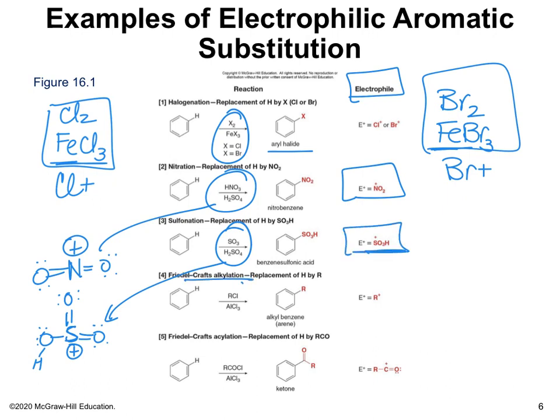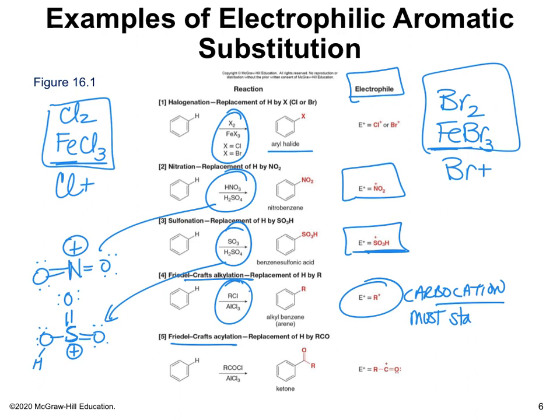These are Friedel-Crafts acylation and Friedel-Crafts alkylation. Alkylation and acylation, you'll see that's an R plus. That's a carbocation. I need to see the carbocation. When you get the carbocation, you have to have the most stable carbocation. Anytime you get a carbocation, you've got to look for the rearrangements. And then here, this is the acyl cation.